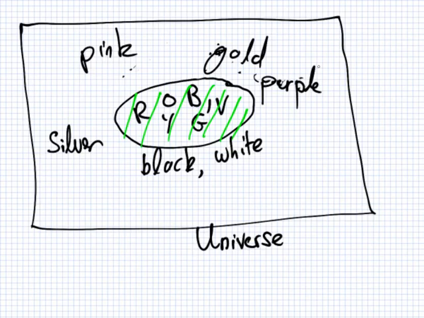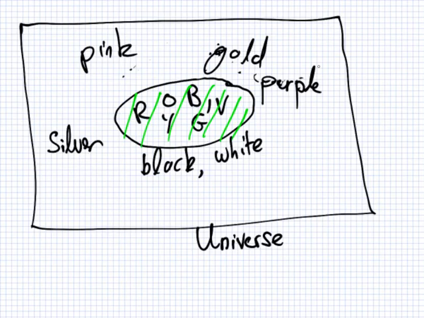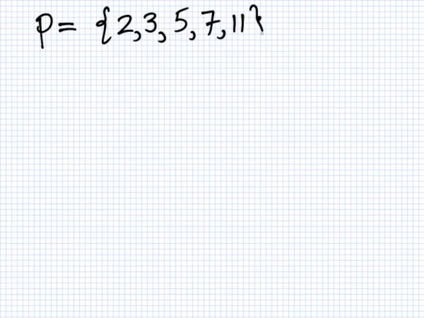Okay, continue. So let's have a look at if you have two sets. So for example, prime numbers: 2, 3, 5, 7, 11. These numbers look familiar?